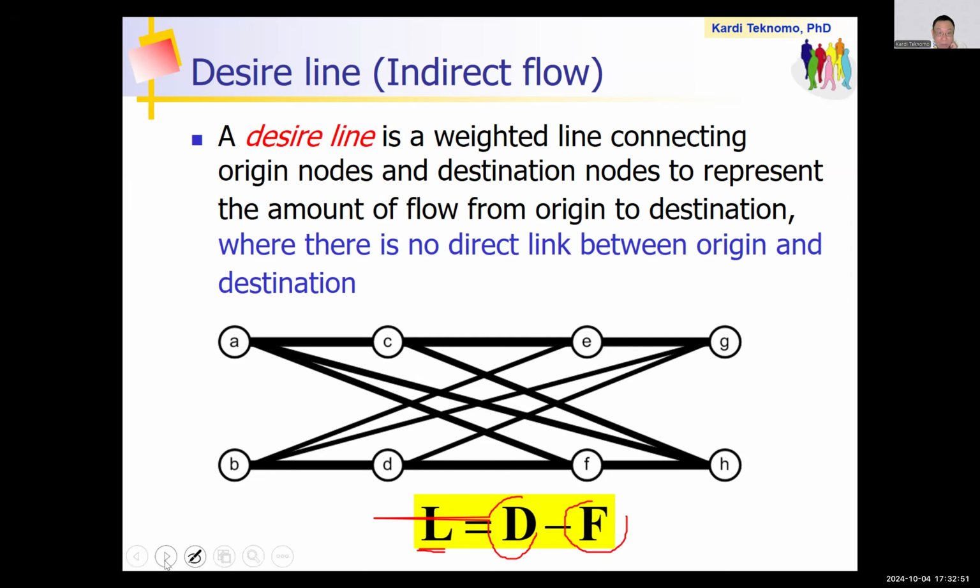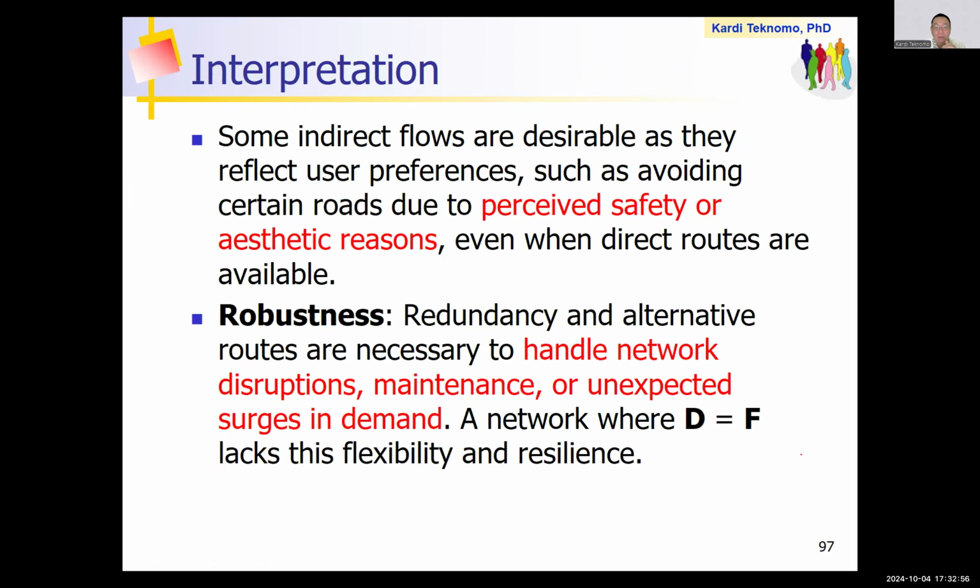So what is the meaning of this? The interpretation is some indirect flows are probably desirable for you to reflect the user preference. They want to avoid a certain road, for example, maybe not safe enough to pass there, or maybe for aesthetic reasons. So even if a direct route is available, they probably still use some indirect link or indirect path.